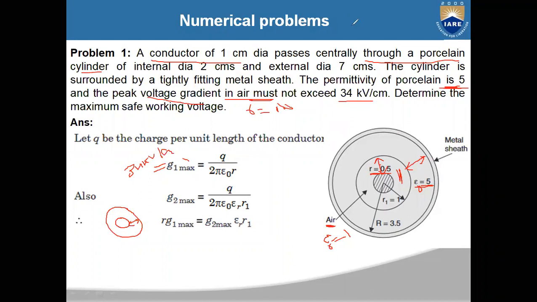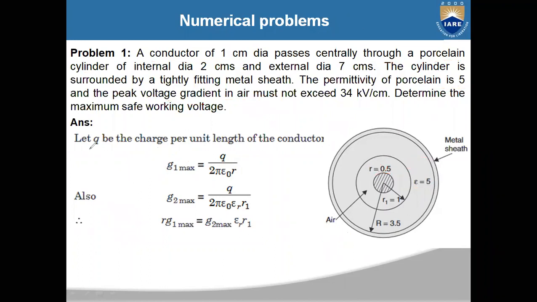Let us consider Q to be the charge per unit length. Then G1 max is Q by 2 pi epsilon naught epsilon r into r. For the first layer, epsilon r is 1, so G1 max is Q by 2 pi epsilon naught into r.